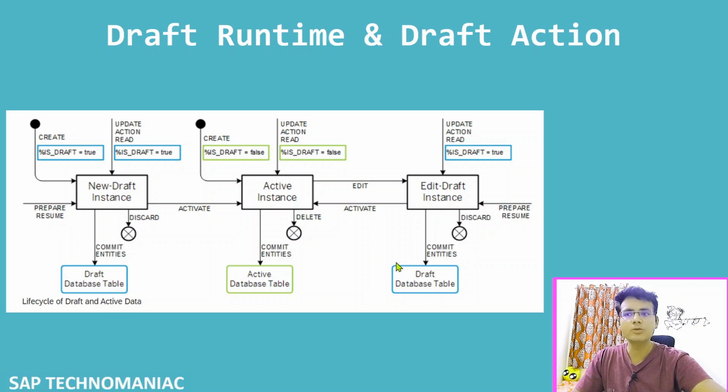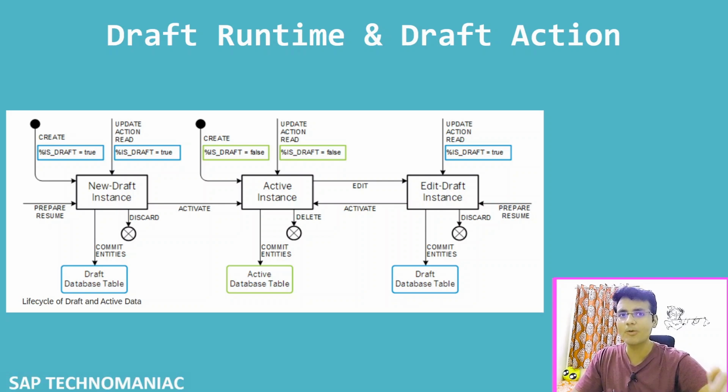We will try to edit the existing draft and save the data, and we will see each and every action and how it is called. For that, for each action we will add the additional implementation. Even though we will not write any code in those additional implementations, we will add them in our behavior definition, generate those methods and put breakpoints there.